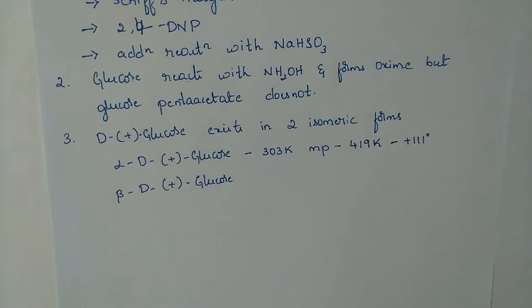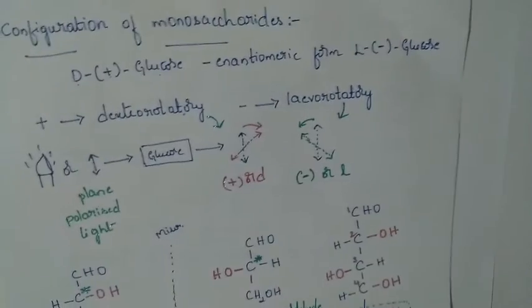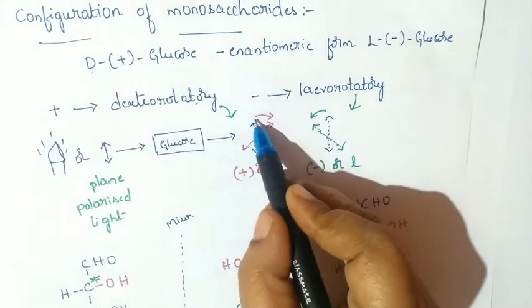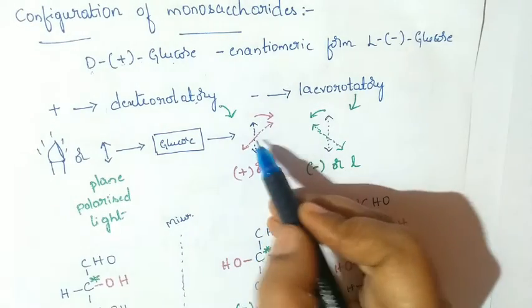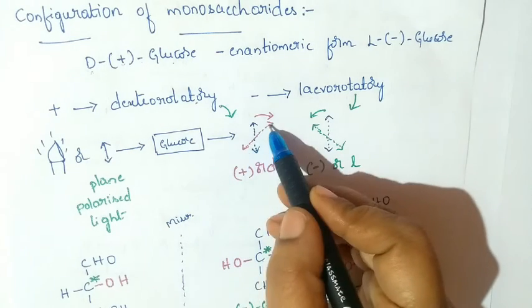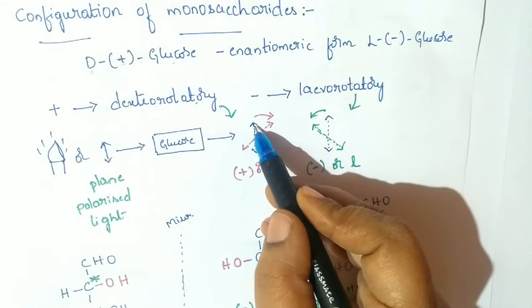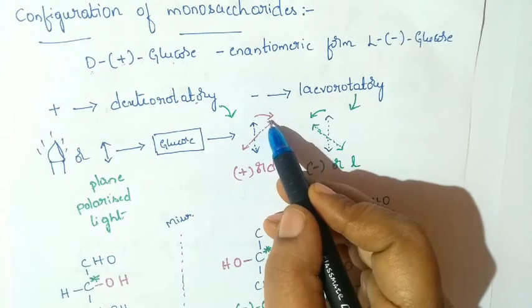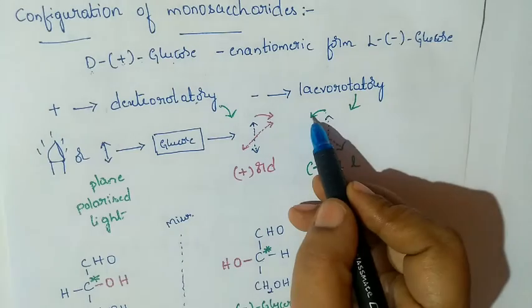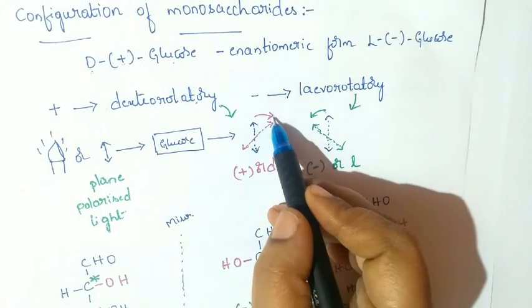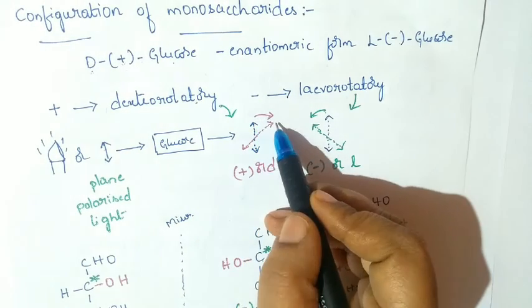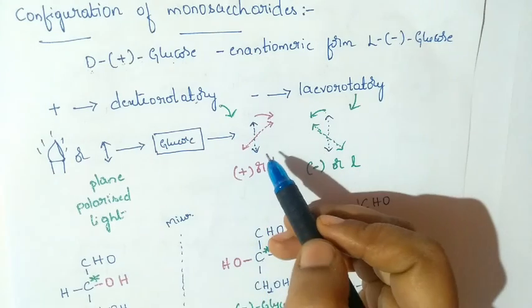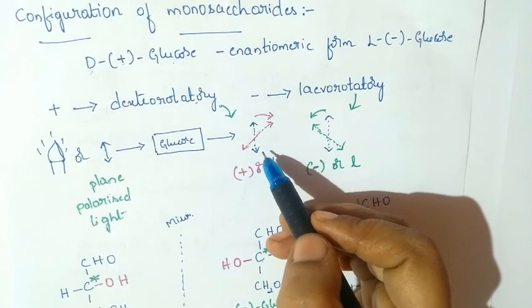We studied it in our last class. The plane polarized light is going to rotate towards the right side or towards the left side. That magnitude of rotation is called the specific rotation.